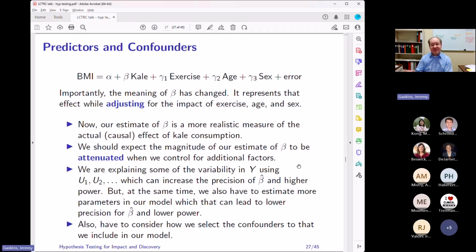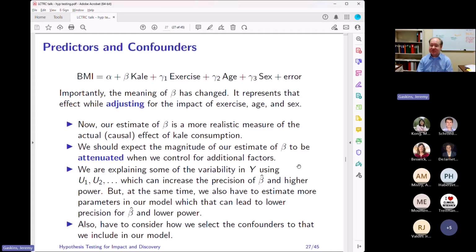So if I fit this model, the first thing I should expect is that the magnitude of my estimate, the magnitude of my effect, is going to be attenuated. It's going to drop, right? The impact of kale is going to look a lot smaller in this model when I'm adjusting for exercise, age, and sex. But what is the impact going to be on the power of my statistical test for beta? So, sort of two things are happening at once.